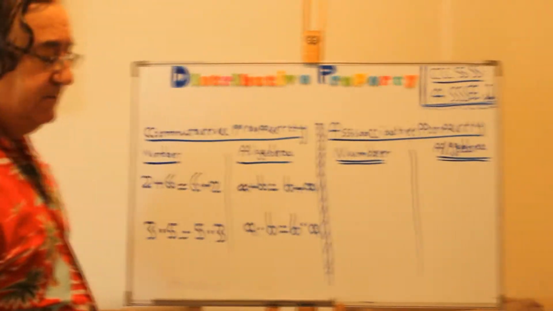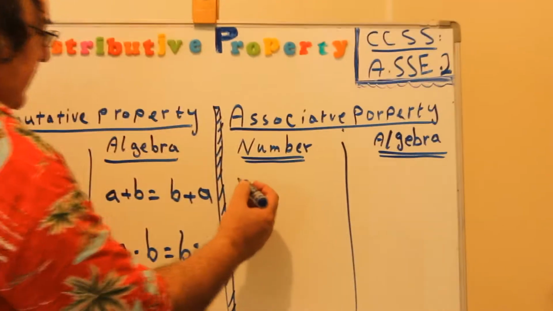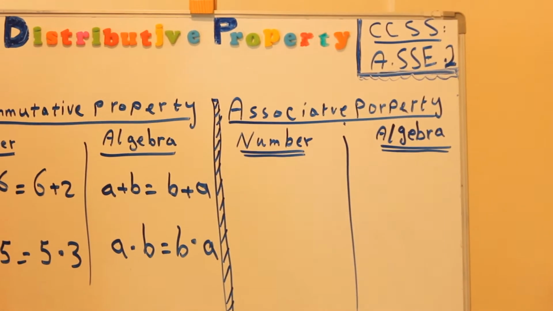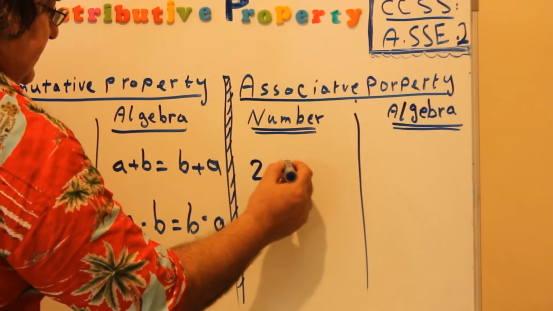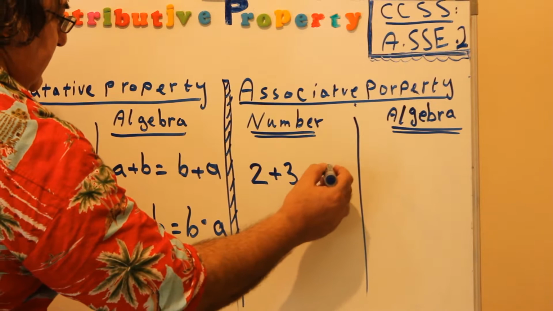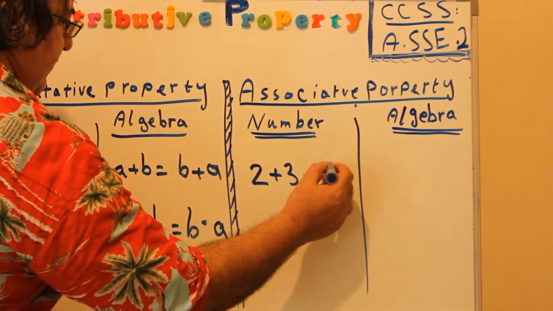Associative property: if you have 3 numbers or 3 terms, adding or multiplying also. Let's say 2 plus 3 plus 4.